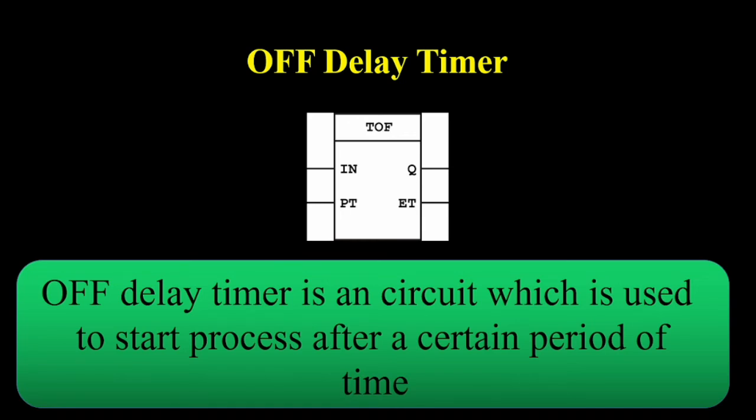So after that 7 hours, the alarm gets turned on. That is, after this preset time, the circuit gets on. Similarly, the off-delay timer in PLC will start a process after a certain period of time, and this is the function of off-delay timer in PLC.